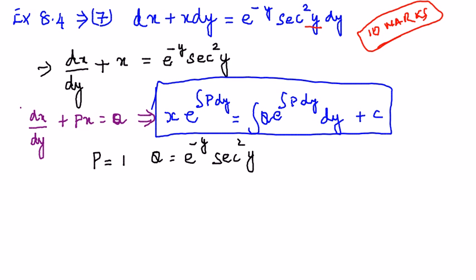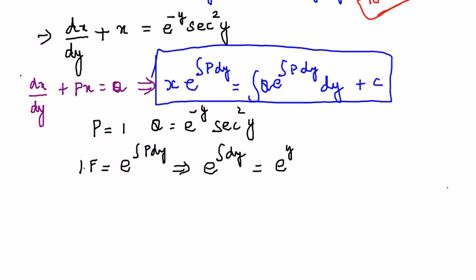Okay, good. Now you have to find out the IF, the integrating factor, which is nothing but e power integral p dy. So what is integral p dy going to be? p is 1, so integral dy is nothing but y, so we can write IF as e power y. That's pretty straightforward.